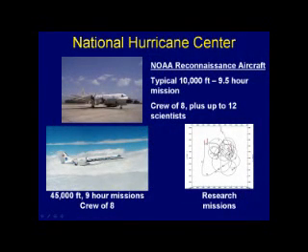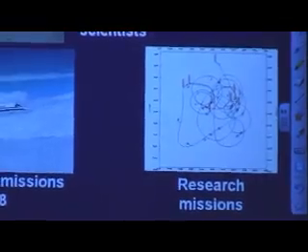We have 2 of the P-3 aircraft shown at the top and 1 G-4 aircraft shown at the bottom. The P-3s fly through at 10,000 feet, do a low-level investigation of the storm just like the Air Force does. And the G-4 flies at 45,000 feet above and around the storm to get the environment of the storm, the steering patterns. They get fed into the computer models to hopefully improve the hurricane models, tell us what's going to happen days in advance.